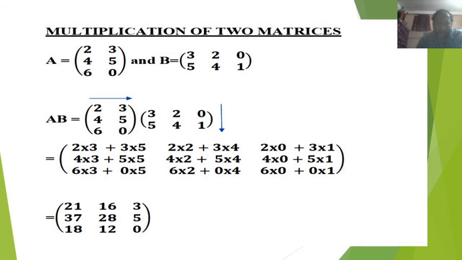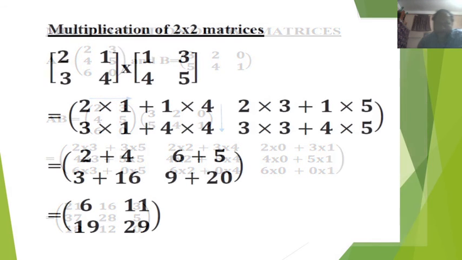Next is 4 into 3 plus 5 into 5. Next is 4 into 2 plus 5 into 4. Next is 4 into 0 plus 5 into 1. Next is 6 into 3 plus 0 into 5, 6 into 2 plus 0 into 4, and 6 into 0 plus 0 into 1. Now the summation of this is 21, 16, 3, 37, 28, 5, 18, 12 and 0. This is the product of the matrices A and B.